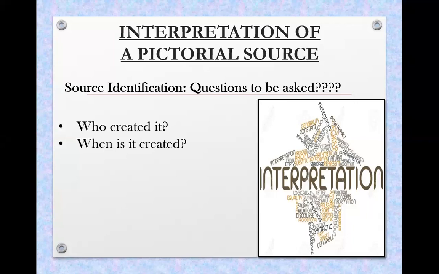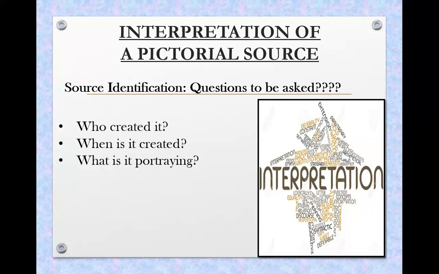But if a picture source regarding the war of independence is created several years later, maybe in 1900 or maybe in 1995, like now, then definitely their perception is totally different. So we need to see when it was created.